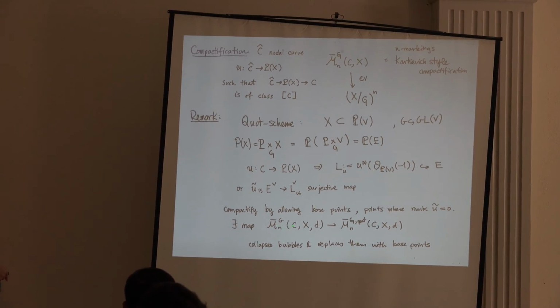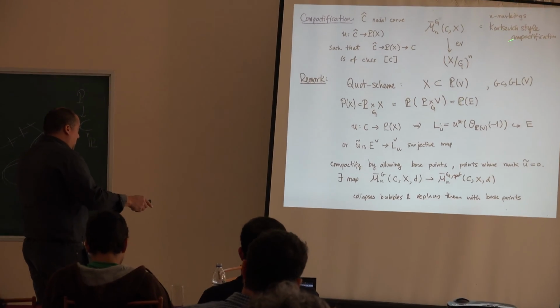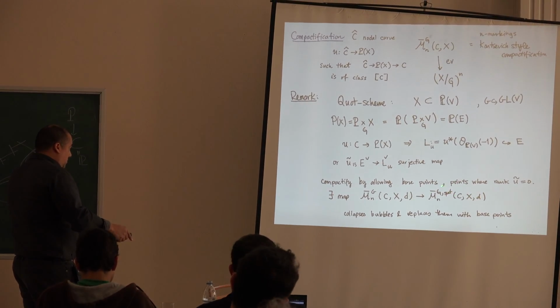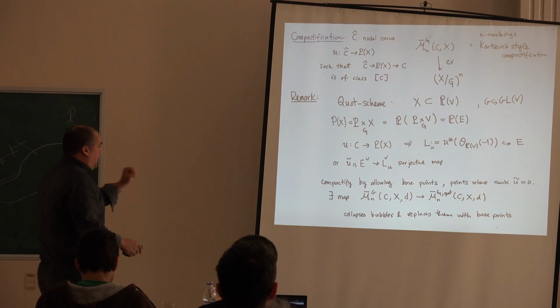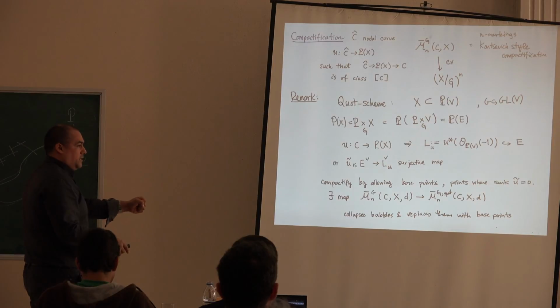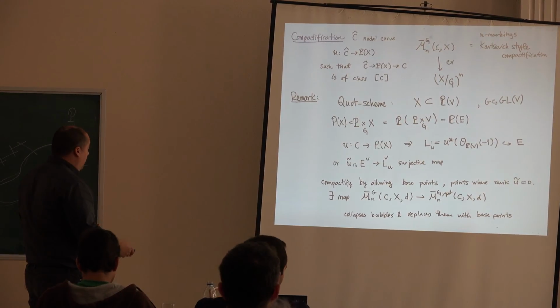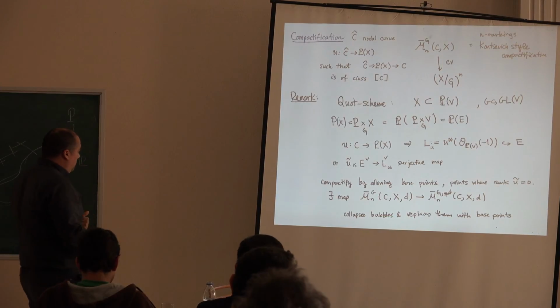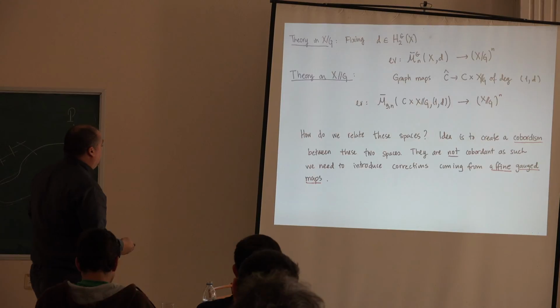And so there is a map that goes from the gauge maps with the compactification in González style into the quot scheme compactification by just forgetting all the bubbles and collapsing them and sending them into base points. And so this is going to be a proper morphism. And one way of proving that these moduli spaces are going to be proper is by using this particular morphism. This is called Grünewald's morphism in general.